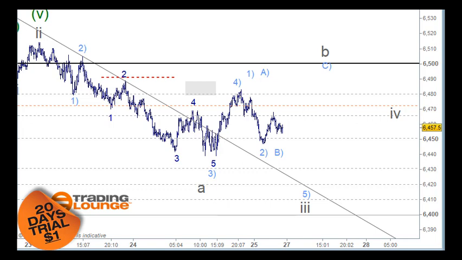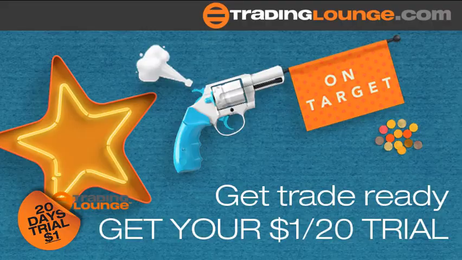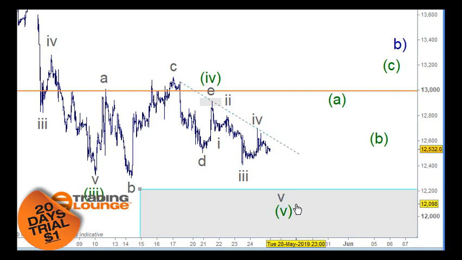So with China, we're still looking at this particular pattern. This is an hourly chart here, and we're under the major trading level here of 13,000. We've retested it. It looks like it's a corrective pattern here. So we can expect it to move lower through here, unless it's going to drift on sideways further.